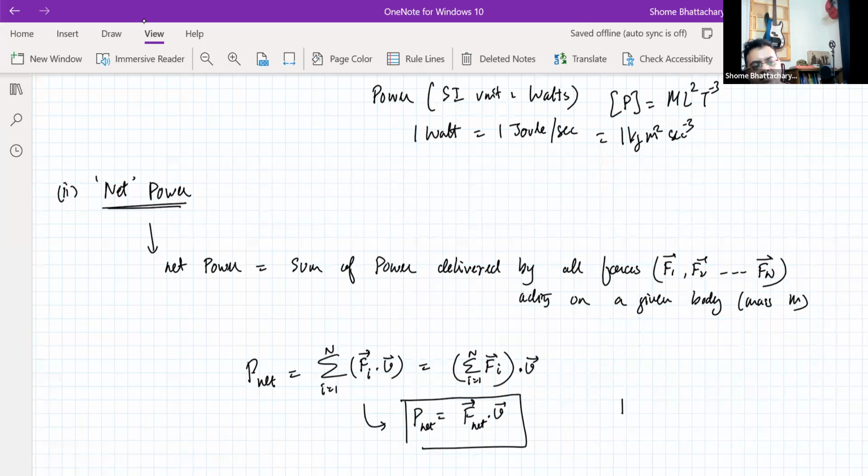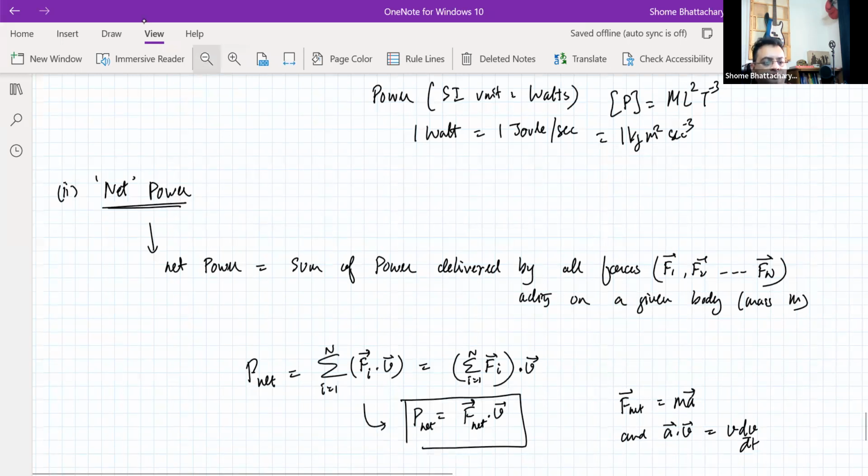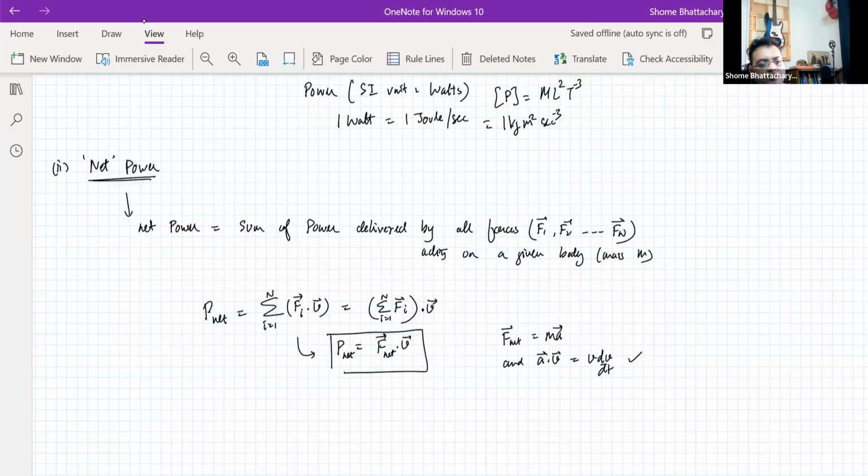Now we know that the net force is equal to mass into acceleration. And this we've seen before, okay? Because A dot V is the tangential component of acceleration into V.